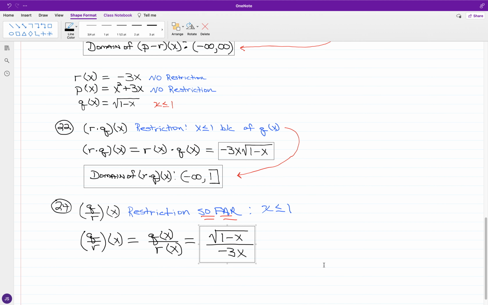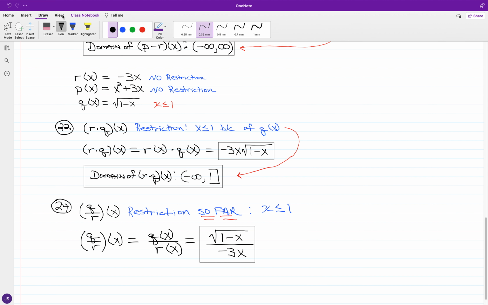Now, looking into the restrictions. Again, the restriction so far, which we started out with, was with the q of x portion, to keep the square root of 1 minus x from having 1 minus x be negative, x had to be less than or equal to 1.